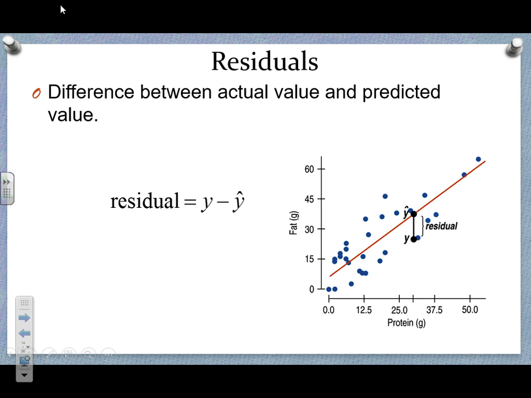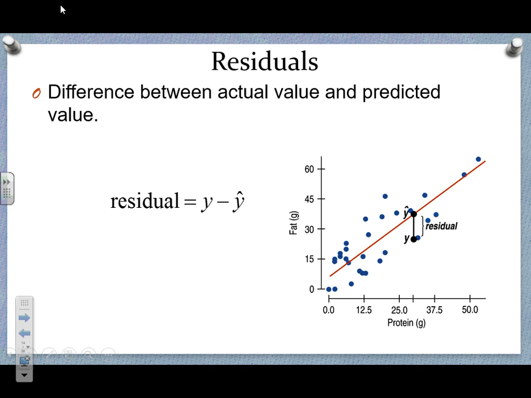So here's that example from yesterday with the items from Burger King. We had the amount of protein as x, the amount of fat as y. If we notice, our regression line here in red passes through our scatter plot, but it doesn't hit all the points. In fact, it hits almost none of them.